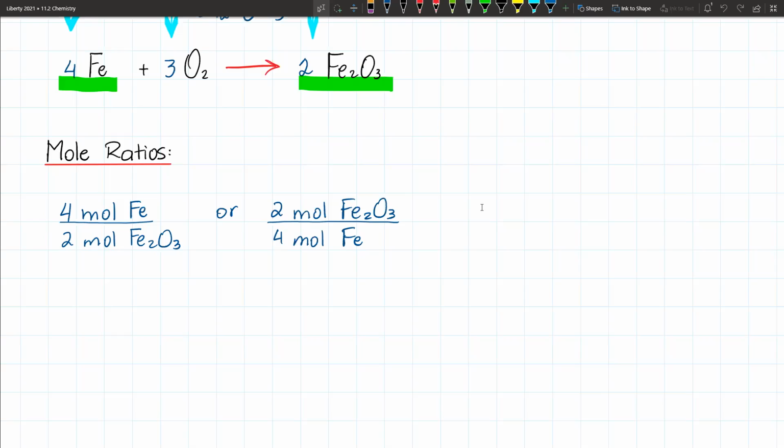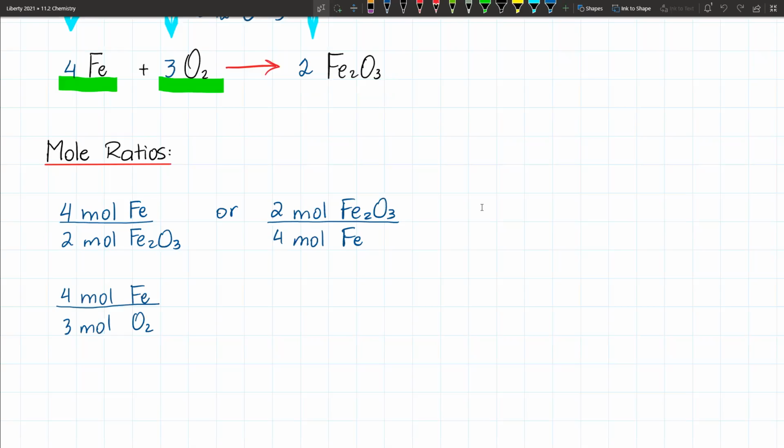Another one, you can relate the same iron, but now with the oxygen. So let's do it. 4 mole of iron reacts with 3 mole of oxygen. Remember, oxygen is diatomic, so you put it with a 2.